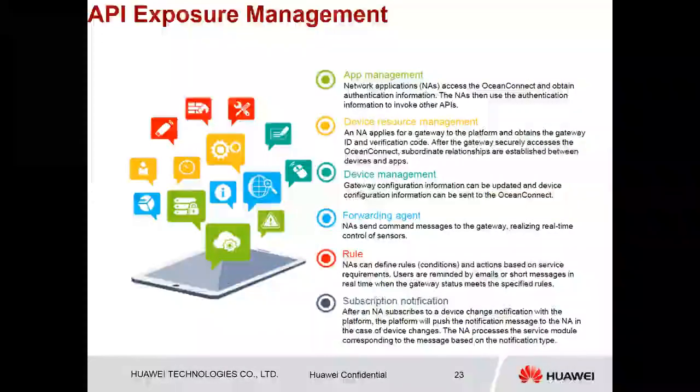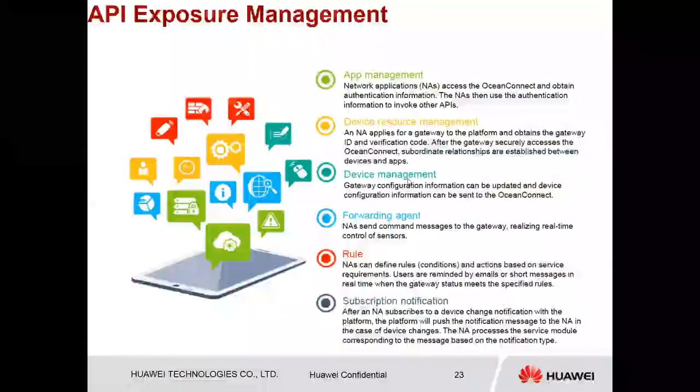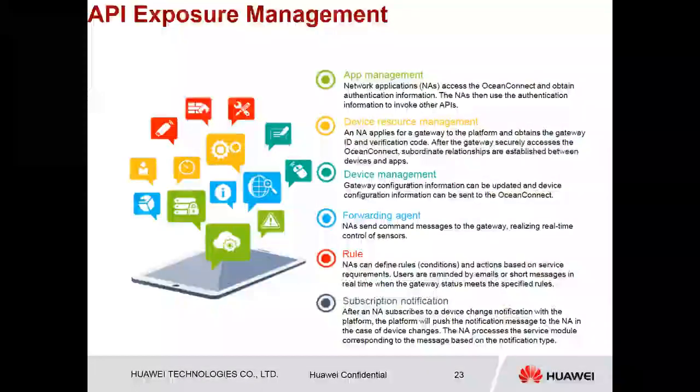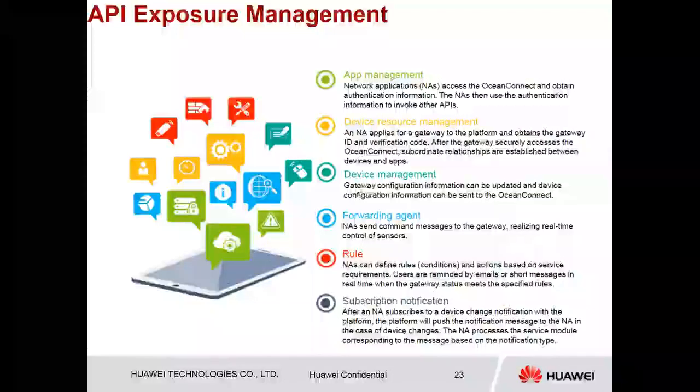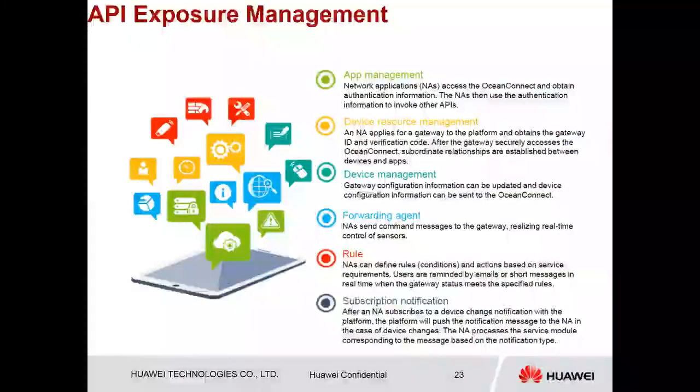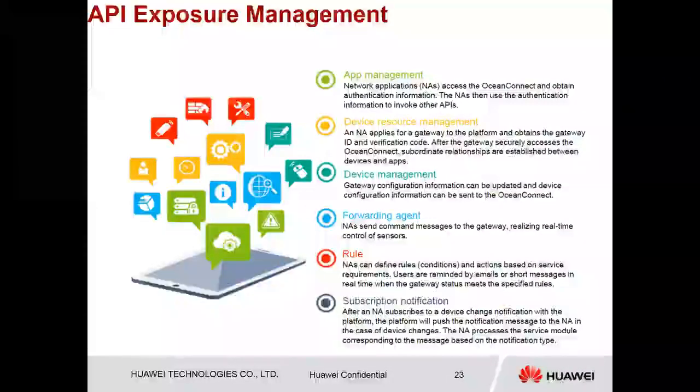And the next is device management. That's the same as before, for batch configuration and software upgrading. And this is the forwarding agent. I told you that some devices cannot connect to our IoT platform, so they must use the agent gateway as an agent. This is the rule engine, from event to action.